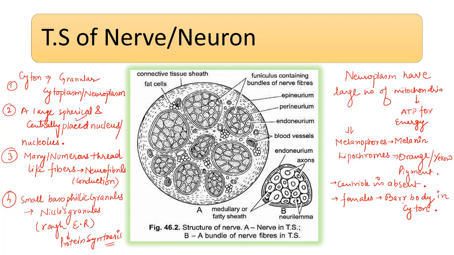There are some neurons which have different shapes, like flask-shaped cytons, and they are known as Purkinje cells.